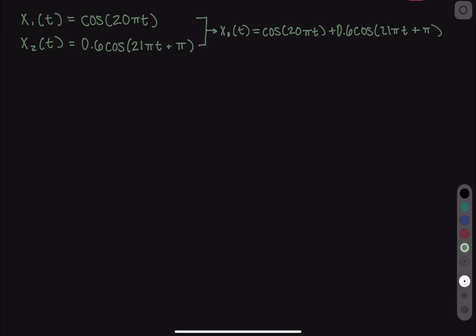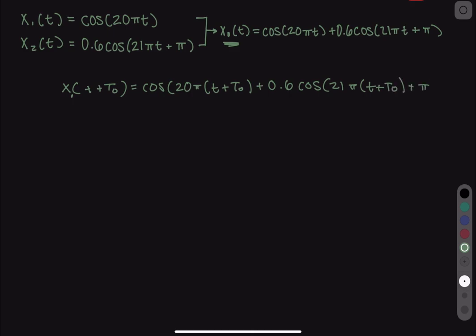We're just going to start by plugging in t plus t naught to the x of t equation and distributing that out. So we have cosine of 20 pi (t plus t naught) plus 0.6 cosine of 21 pi (t plus t naught) plus pi.